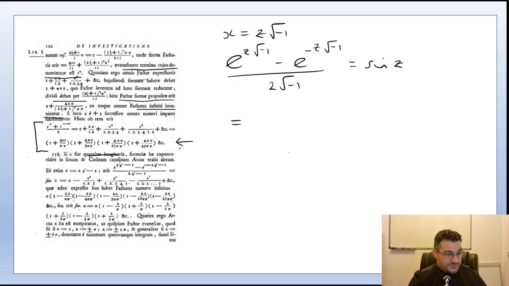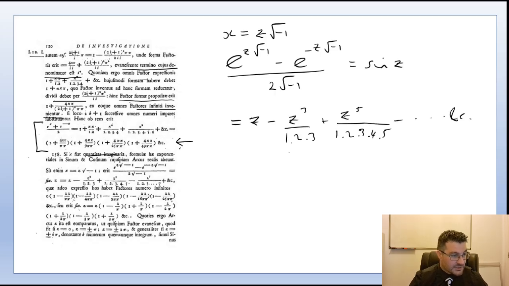This is equal to, by section 100 and using the result from section 150, which section are we up to? 156, with x replaced with z, it's going to be equal to z minus z cubed over 1 times 2 times 3 plus z to the power of 5 over 1 times 2 times 3 times 4 times 5 minus and so on, etc.